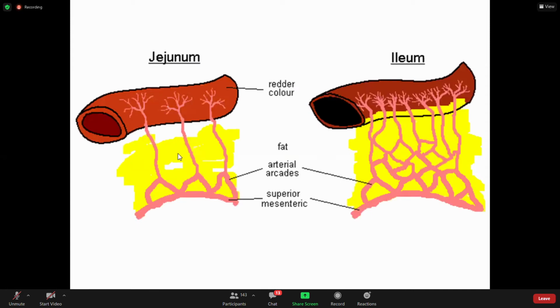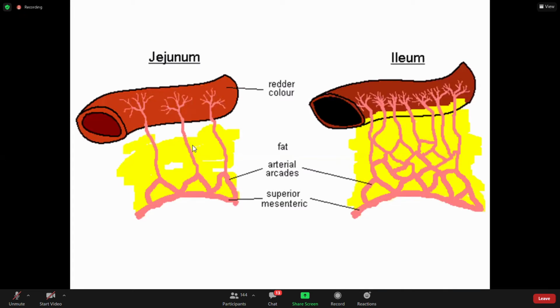the mesentery. So this is the mesentery, although in this picture, this is just a representative diagram for better understanding. The difference between the mesentery of the jejunum and ileum is that in case of the jejunum, the amount of fat present in the mesentery is less as compared to the mesentery of ileum.